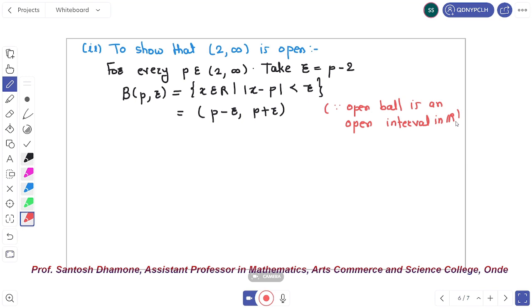We put the value of r in this interval, and we get the open interval (2, 2p minus 2). This is an open interval, which is contained in the open interval (2, infinity). So this open ball about p with radius r is contained in (2, infinity).